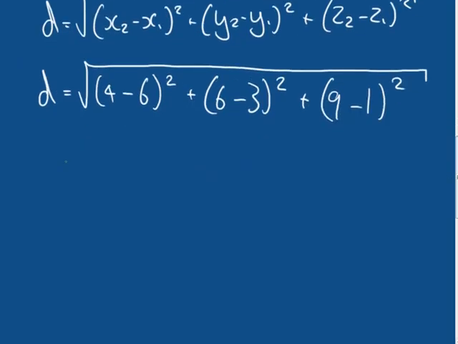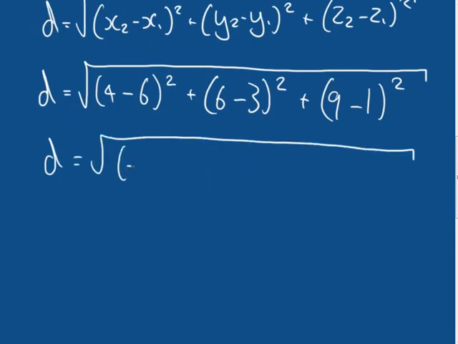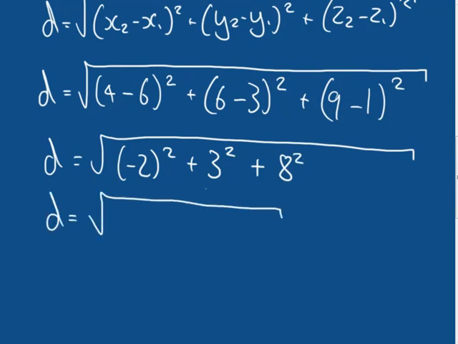So as we work that out, d is going to be equal to the square root of (4 minus 6 is minus 2) squared, plus (6 minus 3 is 3) squared, plus (9 minus 1 is 8) squared. So d is going to be equal to the square root of 4 plus 9 plus 64, which means that d is going to be equal to the square root of 77.